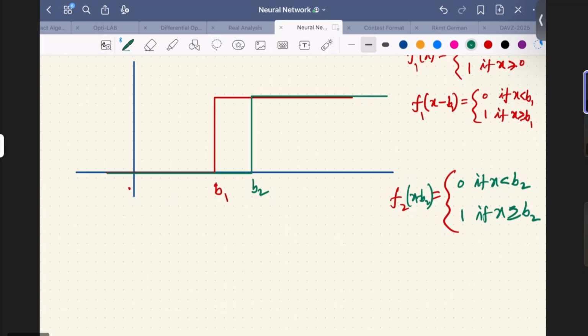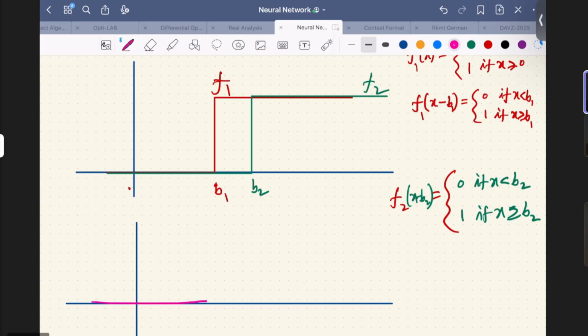That means these two functions, this red one is f1 and green is f2, and what combination should I do with f1 and f2 such that my resultant would be this pink one? So it comes as b1 as this one.